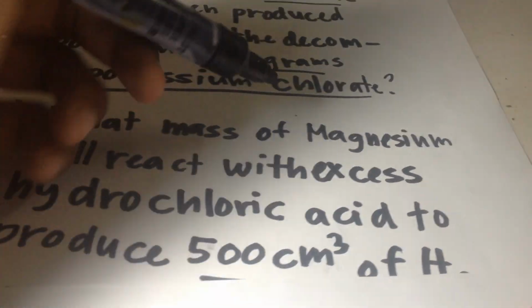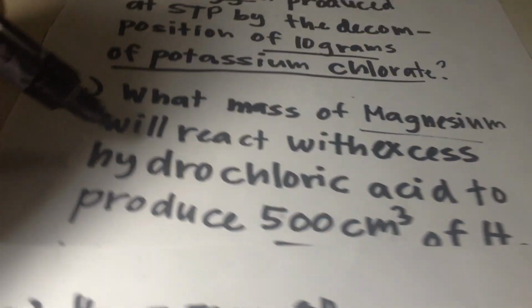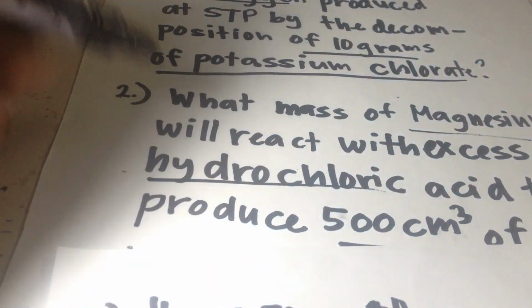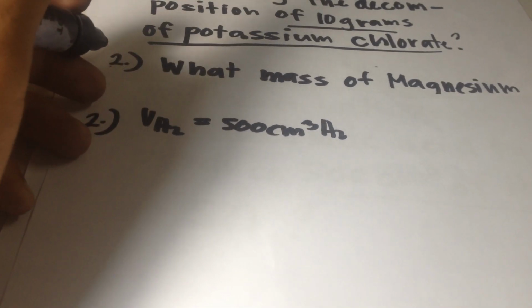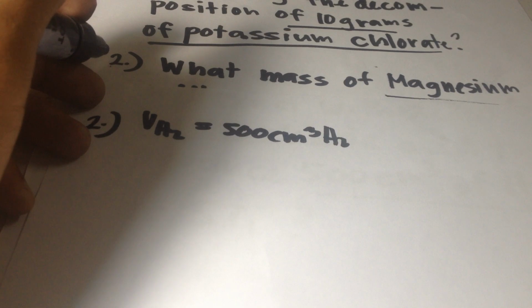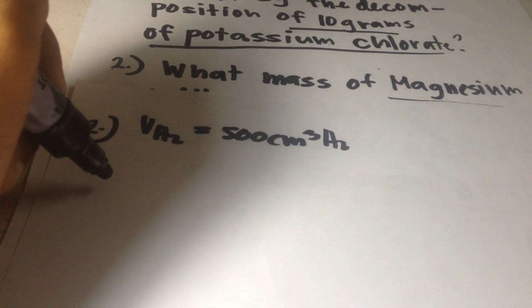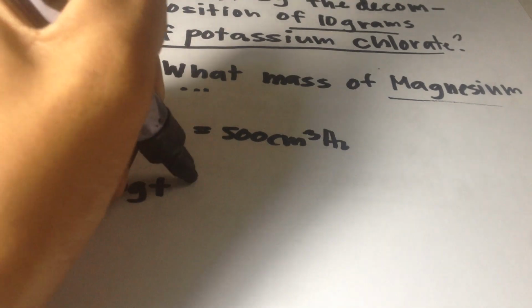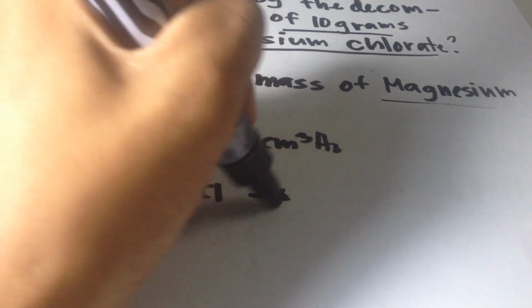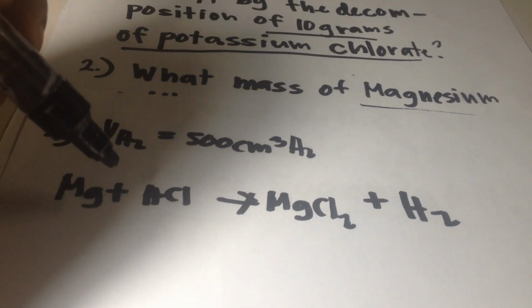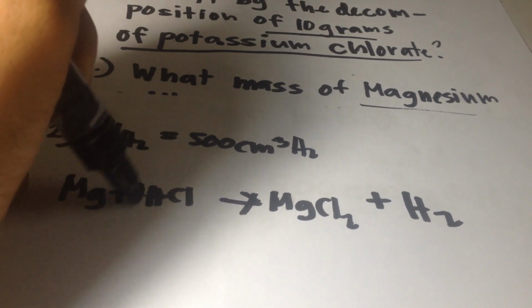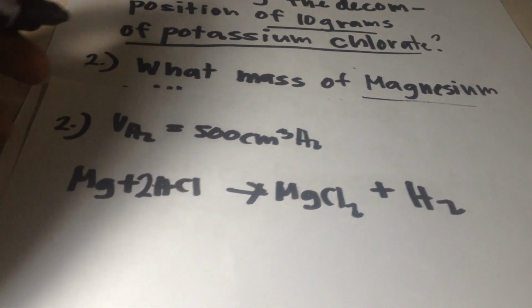The magnesium will react with hydrochloric acid, so you need to make a balanced equation. Magnesium plus hydrochloric acid reacts to form magnesium chloride plus hydrogen gas. Chlorine is not balanced here, so you need to put a coefficient of two here, so it's already balanced.